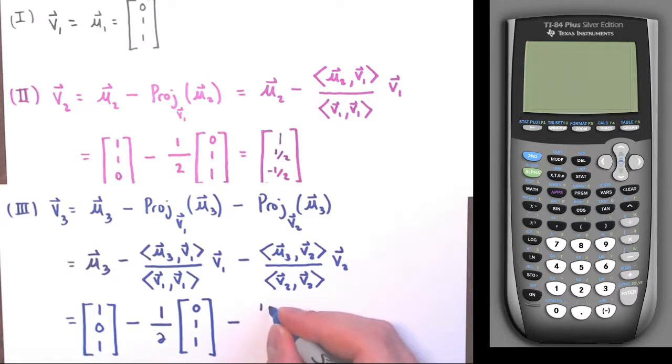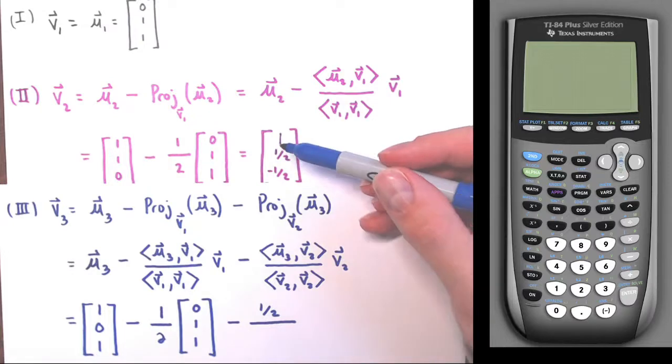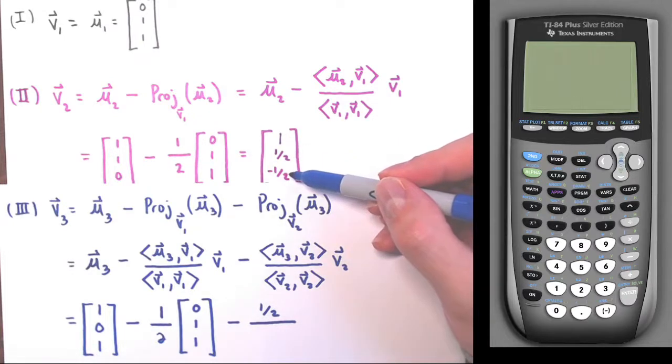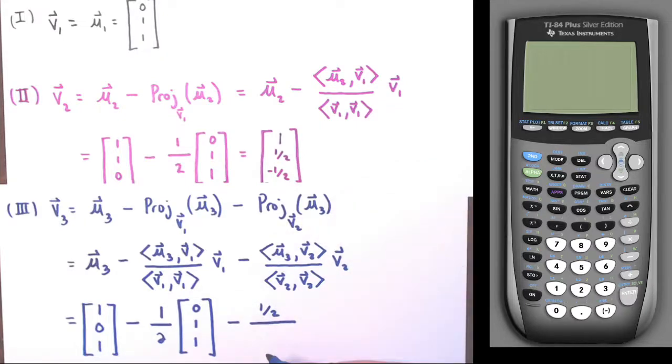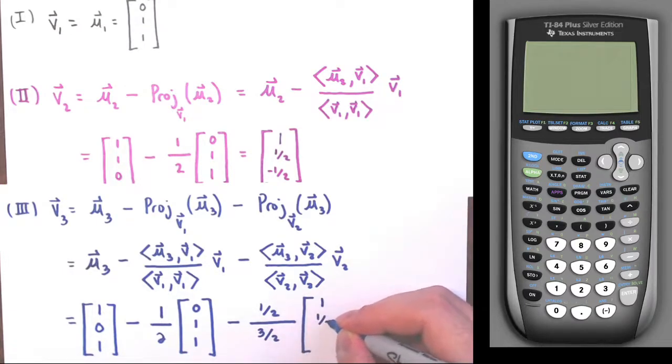That's 1/2 in the numerator. Divided by the inner product of v2 with itself. That'd be 1 plus 1/4 plus 1/4. So 1 plus 2/4, so 1 1/2. That's 3/2. There's the denominator. Times v2, the vector 1, 1/2, negative 1/2.